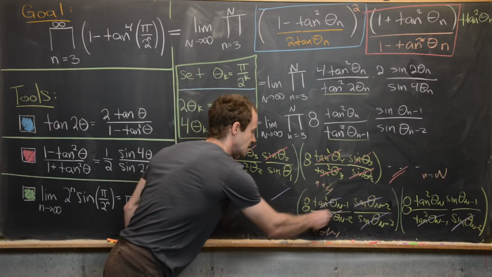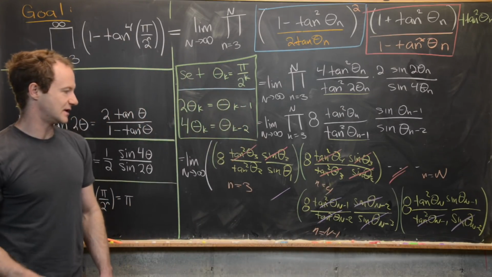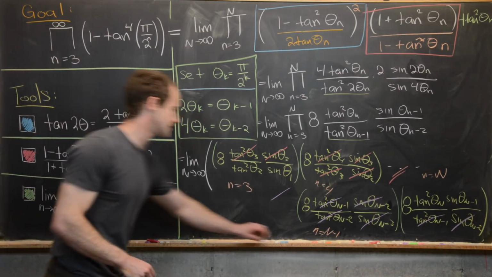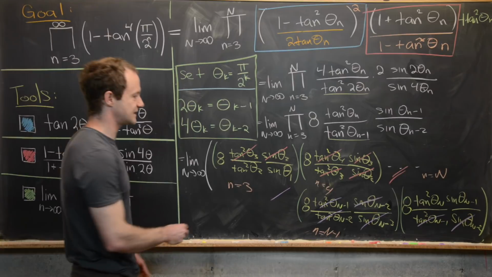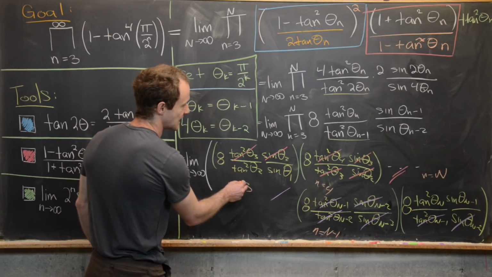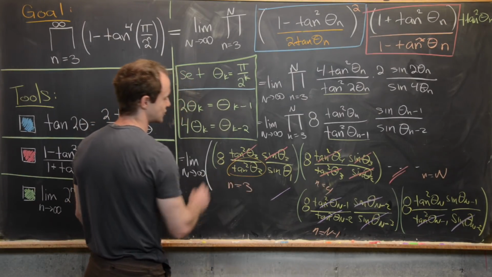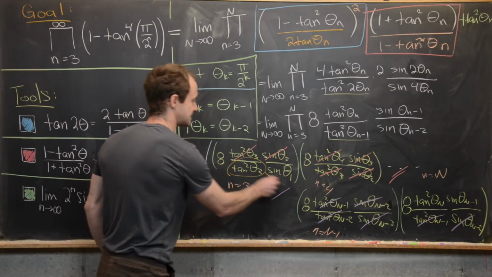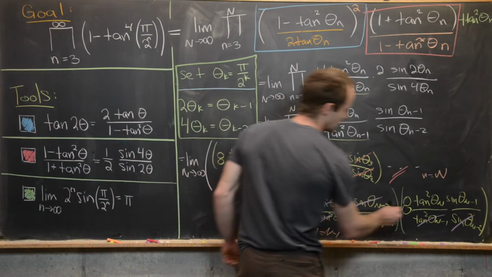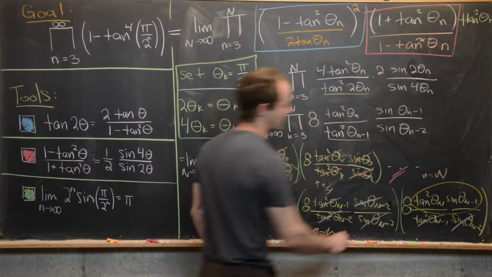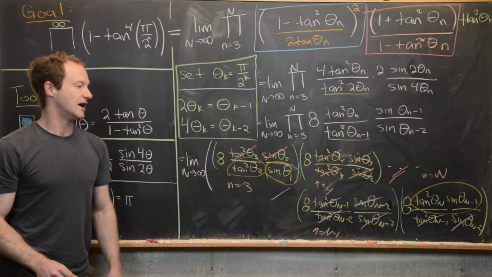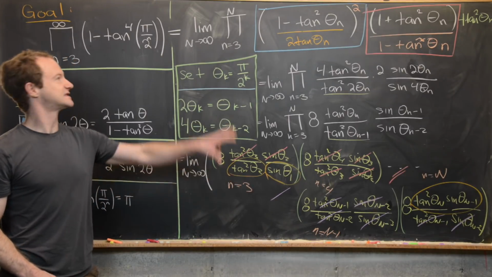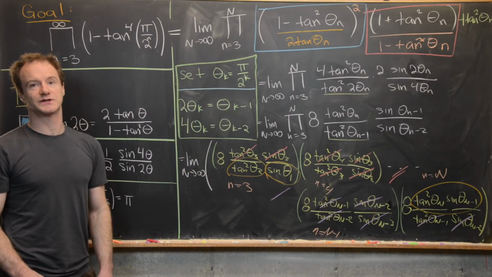And then this thing will get canceled by something that's happening previously. And now let's see, I think that's all that's left. And so what's left is we have all of these 8s, and then we have this tangent squared theta 2 right here, this sine theta 1 right here, and then this tangent squared theta n and sine theta n minus 1 over there. Okay, so I'm going to go ahead and summarize that up here, and then we're almost done.